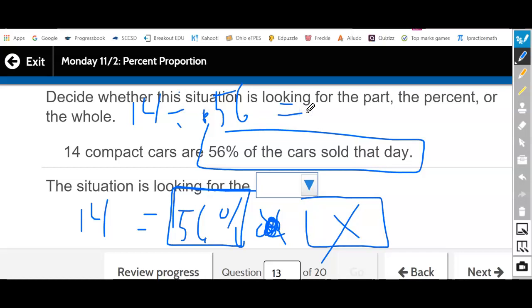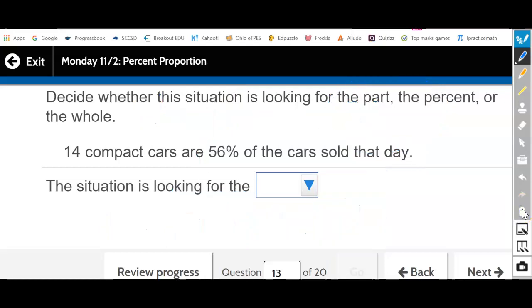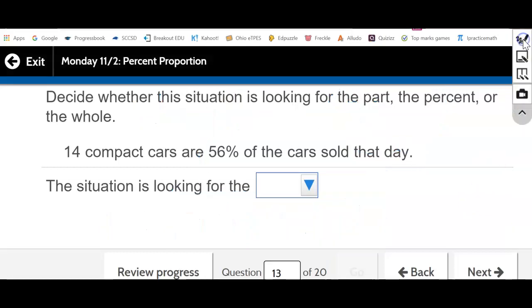That means we have 25 cars sold that day. 14 of them were compact. So depending on the part, the whole, or the percent, we're still solving them the same way. Just don't have nice percents.